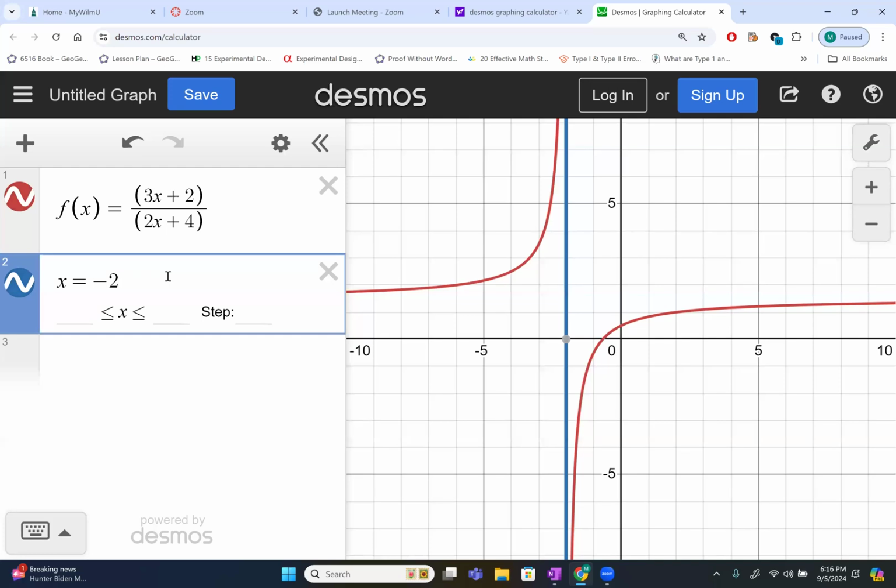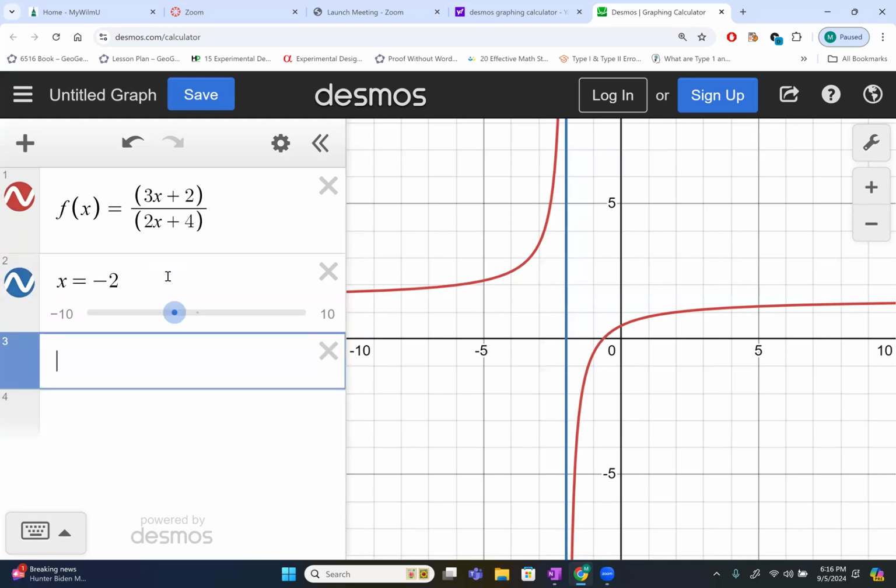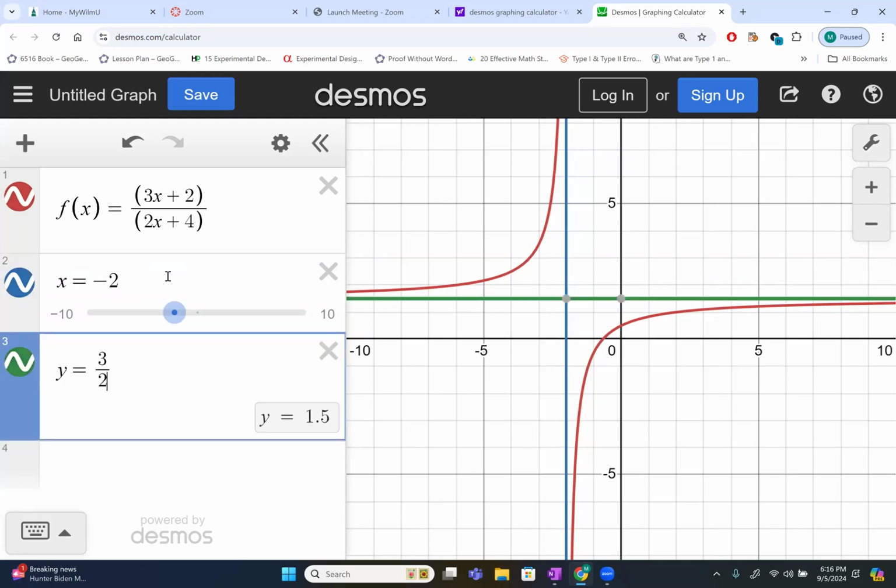And it looks like at y equals 3/2, so y equals 3 divided by 2, it also has that as an asymptote. So if you look at it carefully, it just does not exist. Is that clear? Is it making sense, everyone?